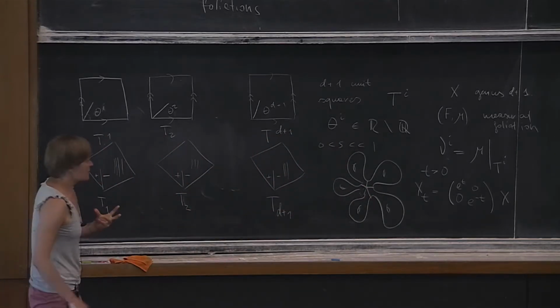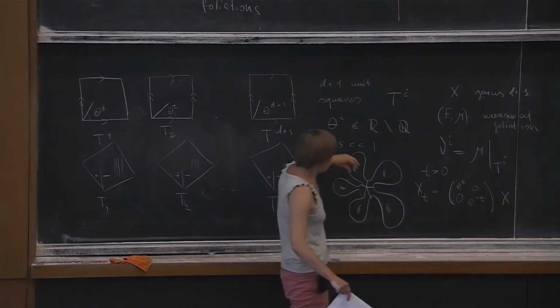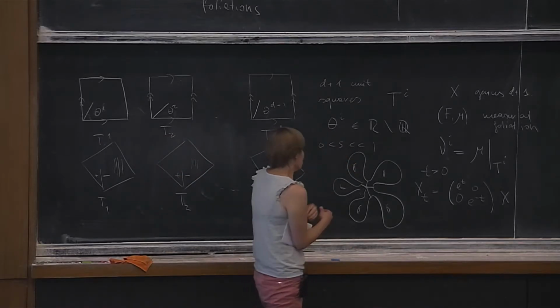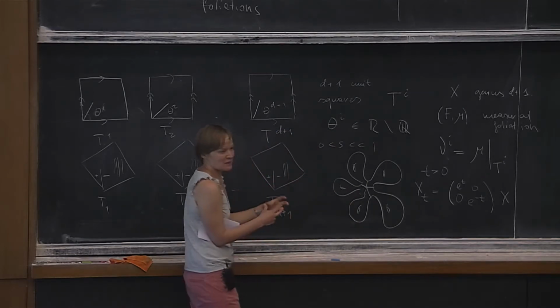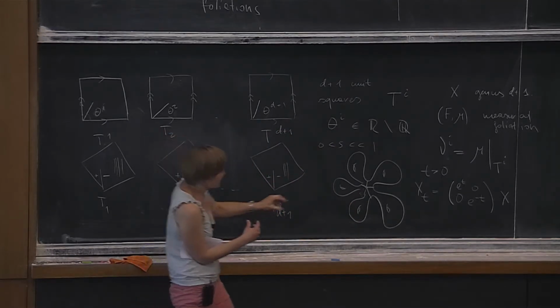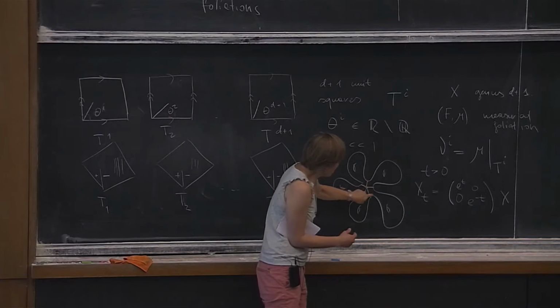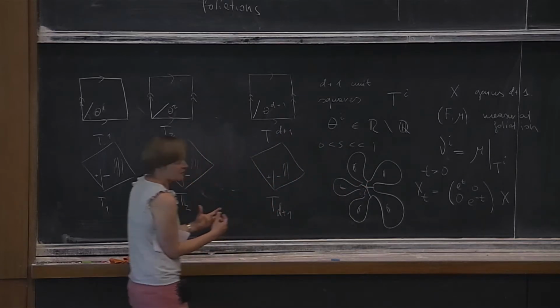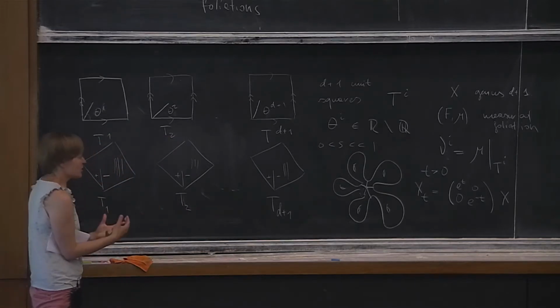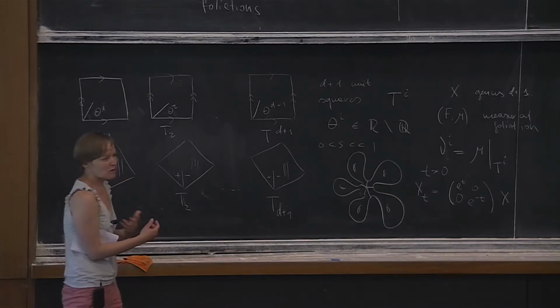So what you get is more and more independent tori, because these curves shrink, and so what you get is basically D+1 tori, and in a torus it's much easier to do computations.